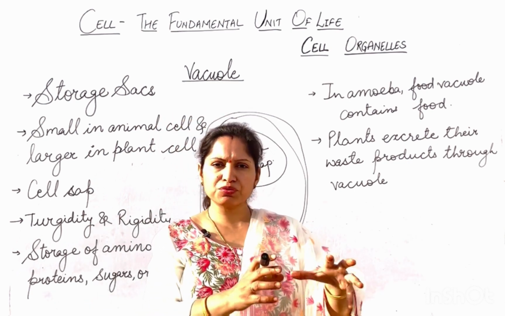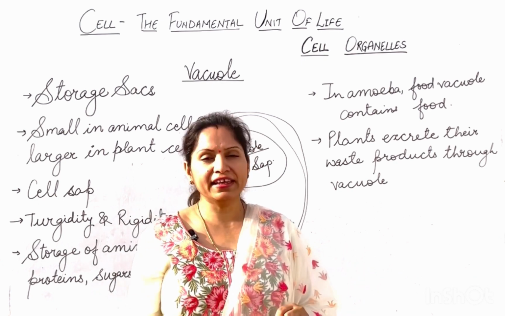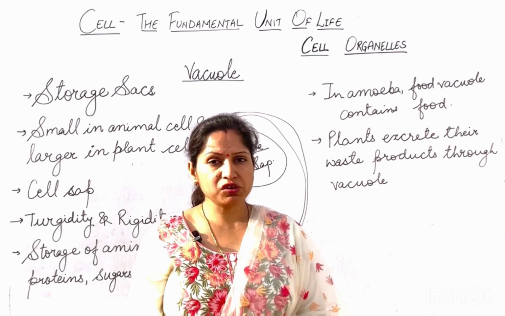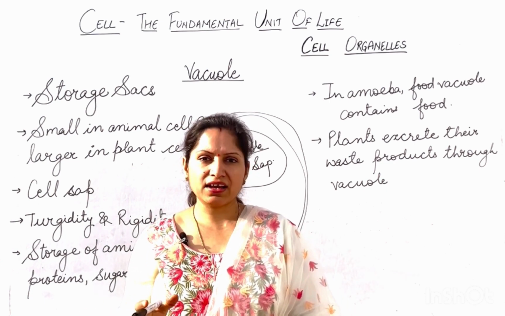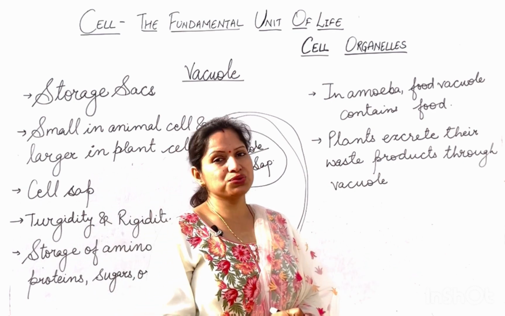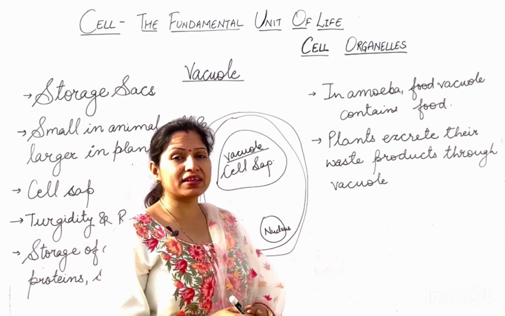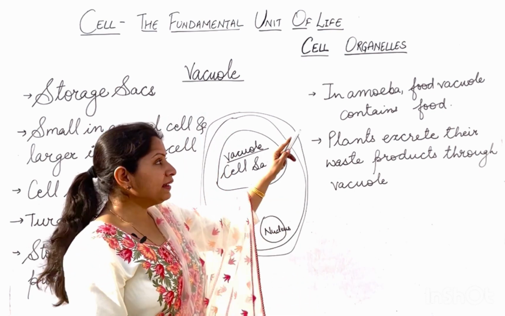For example, the plant can store waste in the vacuole of the leaves, and when the leaves are shed, the vacuole takes away the excretory products of the plants as well. So plants use the vacuole as a method of excreting out their waste products.